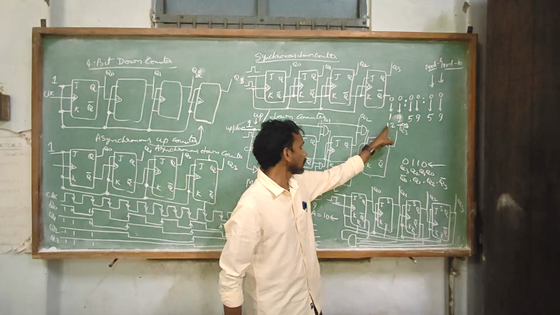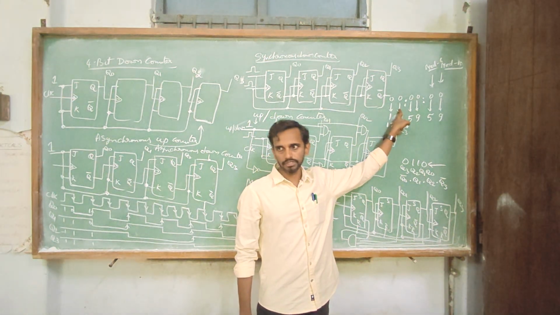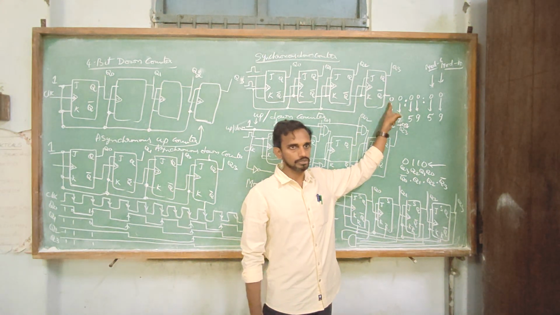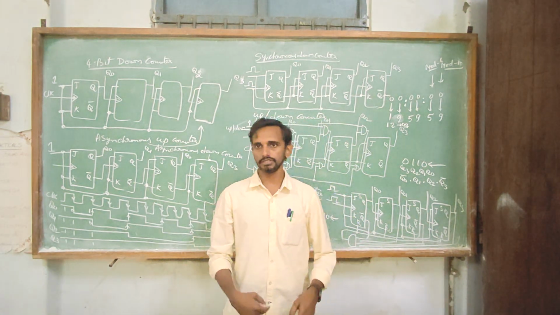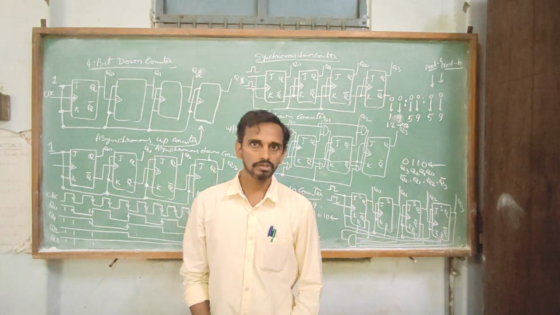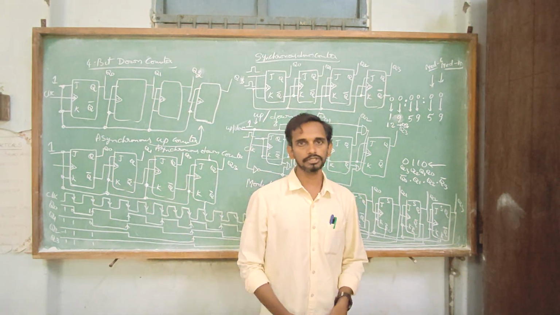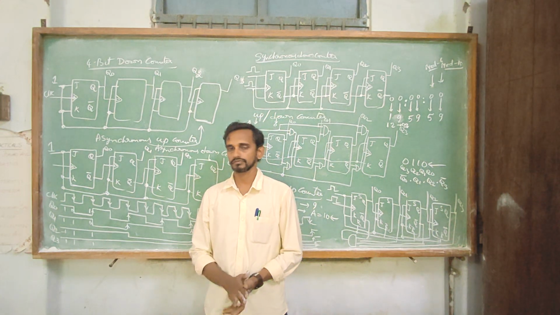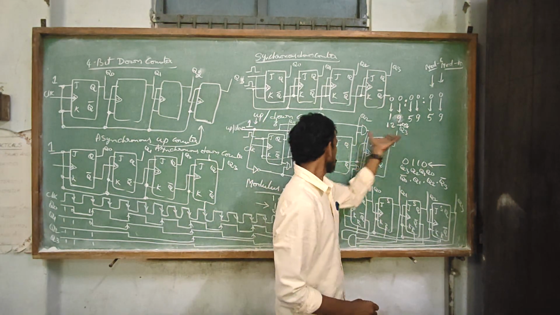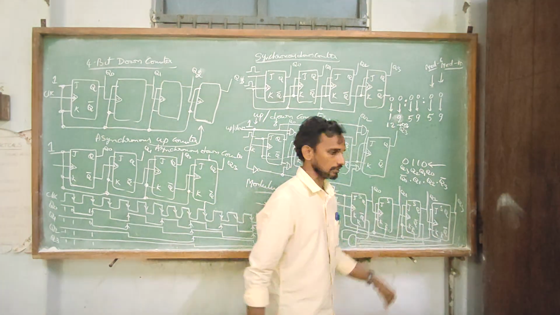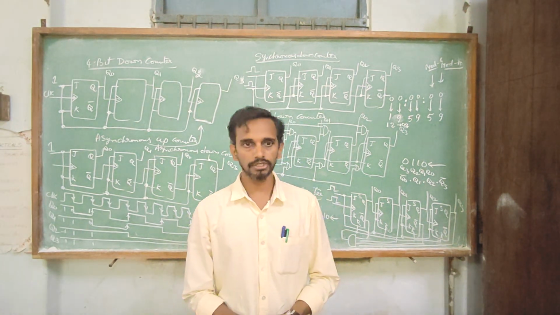When you have 0 here, this counter should count up from 0 to 9. When you have 1 here, it should count from 0 to 1. So after counting 11, it should reset to 0. Otherwise, if you are counting in a 24 hours clock, after counting 24, it should reset to 0. So I can design each block separately and connect them together to develop a digital clock. So that can be done in SEDAR app.